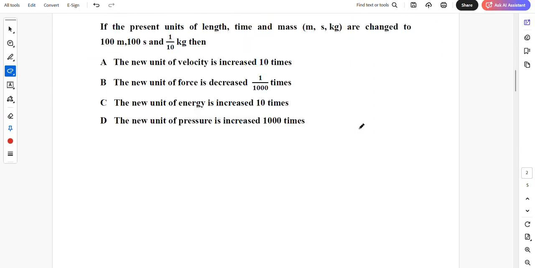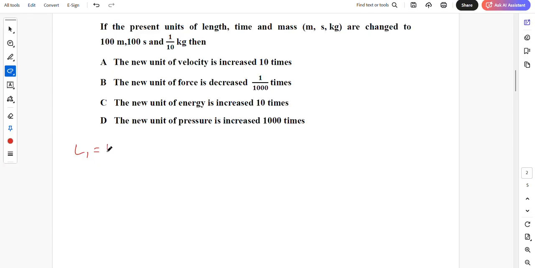It is saying, with the present units of length, time and mass, meter, second, kg, are changed to 100 meter, 100 second and 1 by 10 kg. Then this is conversion of one system to another system. How much have they given?